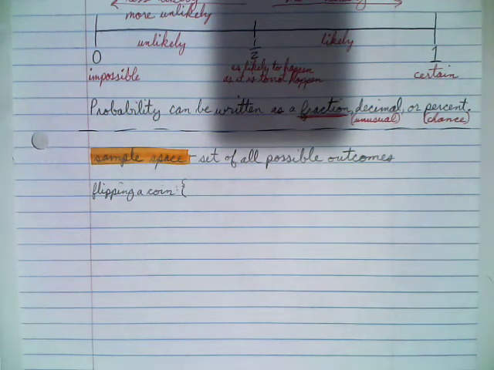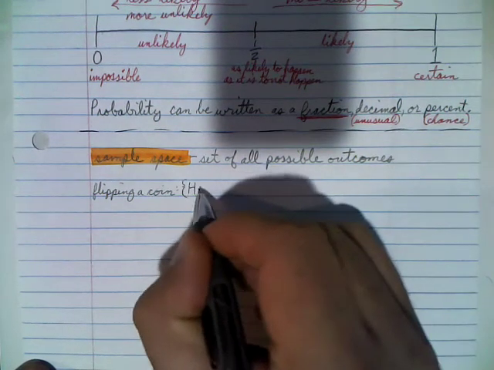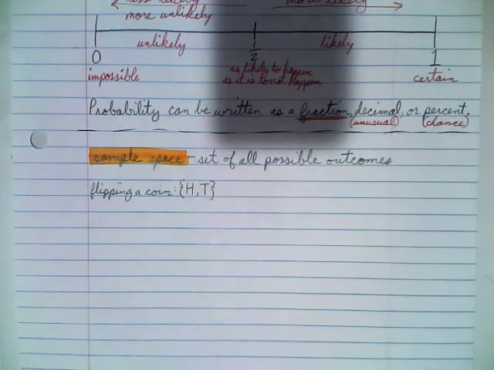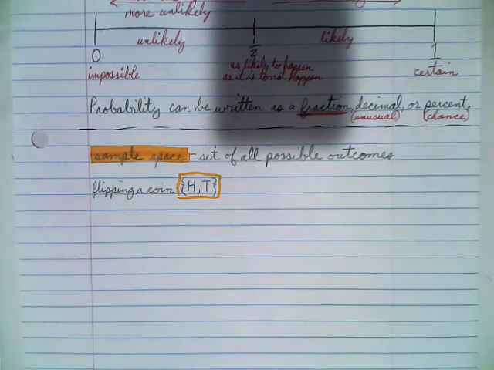Well, I flip the coin, I get heads. Flip the coin again, I get tails. Flip it again, I get heads again. Basically, it's either heads or it's tails. And typically when we're dealing with probability, heads and tails we usually symbolize with just a capital H and a capital T. And that's good enough for me. So that actually would be a sample space for flipping a coin.